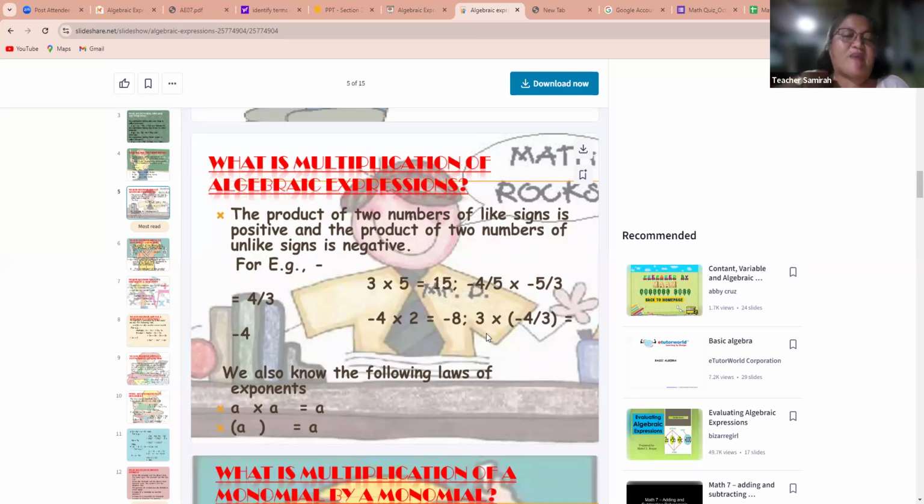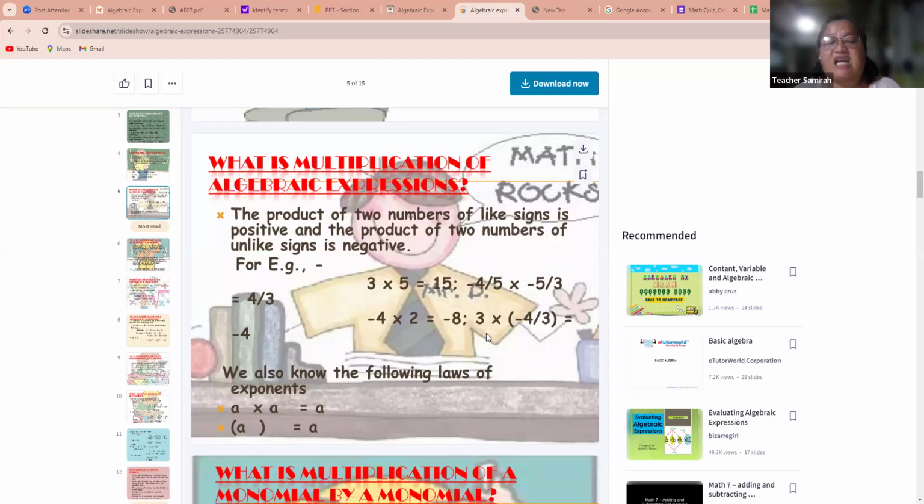Look at this. Multiplying two positive numbers, 3 times 5, the result is 15, a positive 15. If we multiply negative 4 over 5 times negative 5 over 3, that would give us a positive answer because it is a product of two same signs.